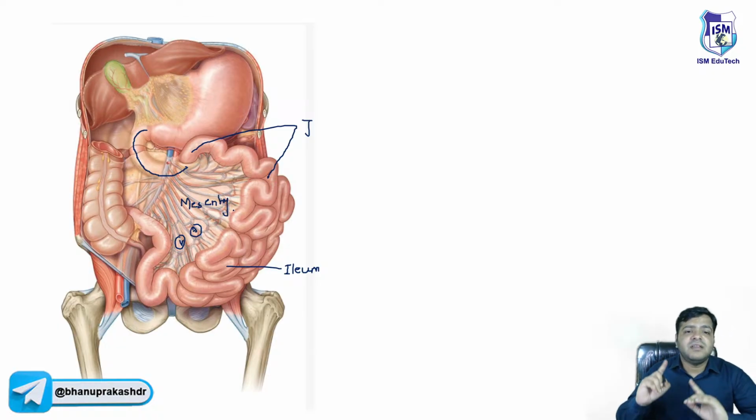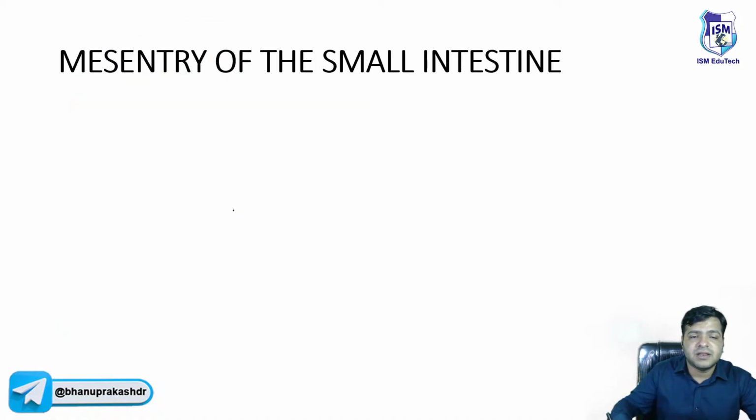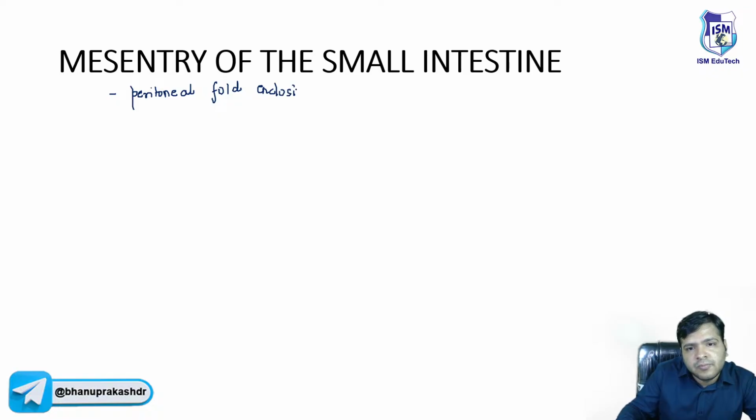Mesentery is a peritoneal fold, beta. Inside this mesentery you will see these veins and arteries. So if we talk about mesentery, it is a peritoneal fold enclosing the free part of the small intestine.